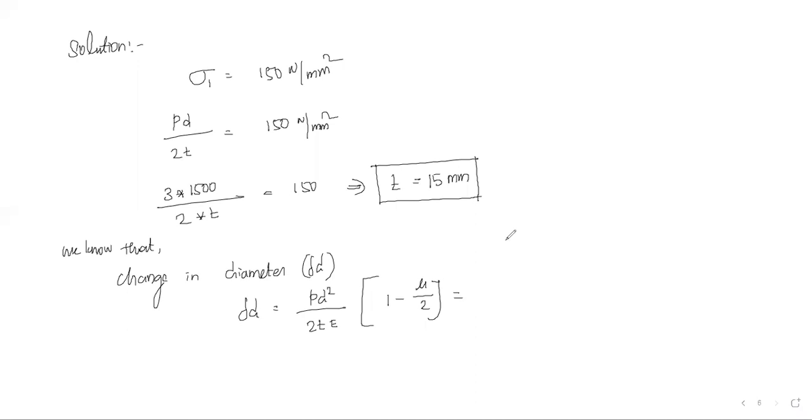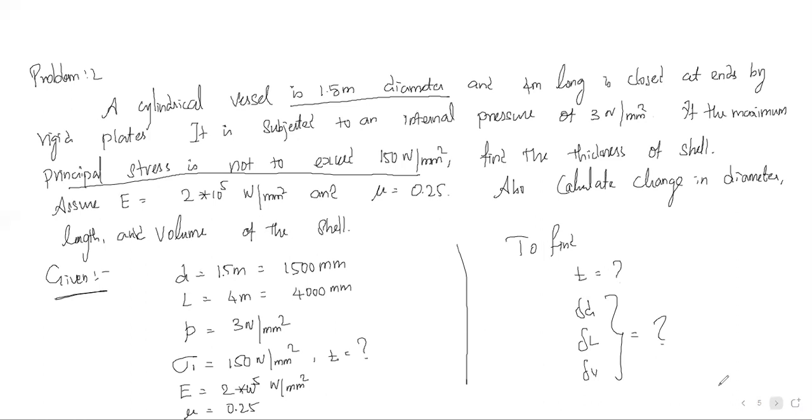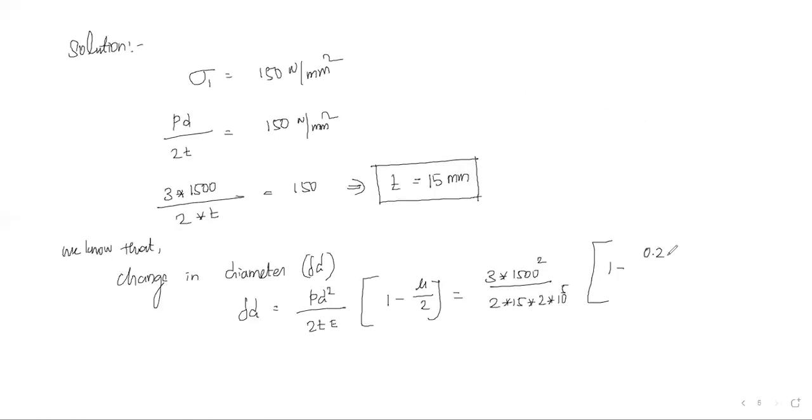Okay. Here substitute all the things. So pressure P is equal to 3 Newton per mm square. D is equal to 1500 mm, and 2 into thickness is 15 mm, and E is equal to 2 into 10 to the power 5 into 1 minus mu value is 0.25, so 0.25 divided by 2. So if I am going to substitute this, I can get the value of change in diameter.